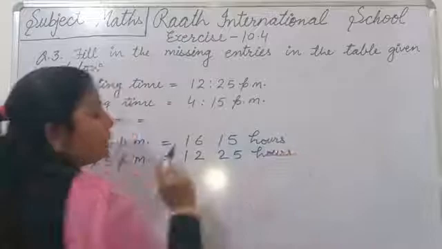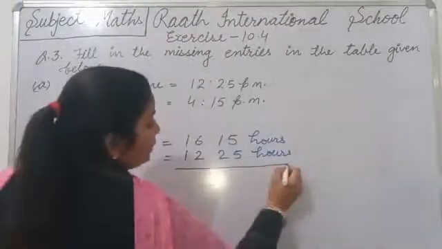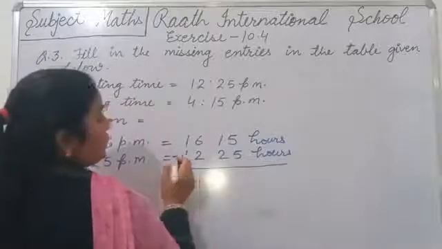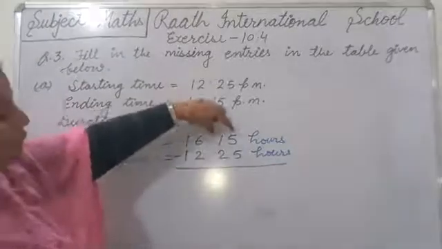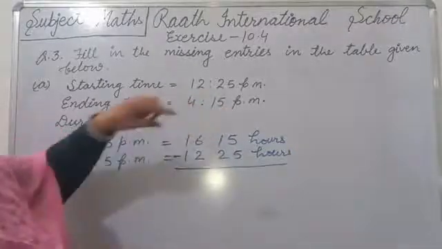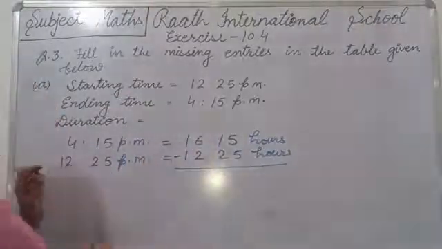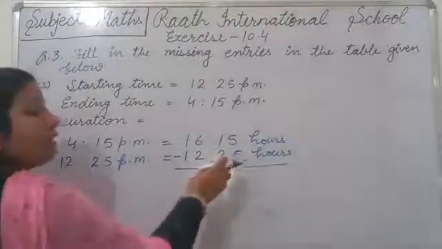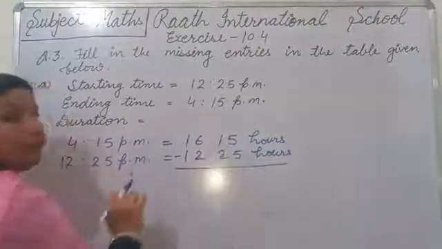Now we find its duration. How will we find the duration? By subtraction. As we know, there are two digits for the minutes and two digits for the hours. Firstly we subtract minutes and then we subtract hours. There are 25 minutes and 15 minutes, and from 15 we can't subtract 25.